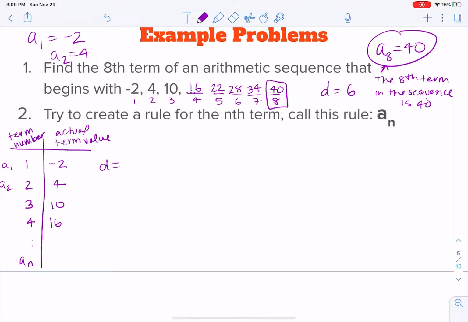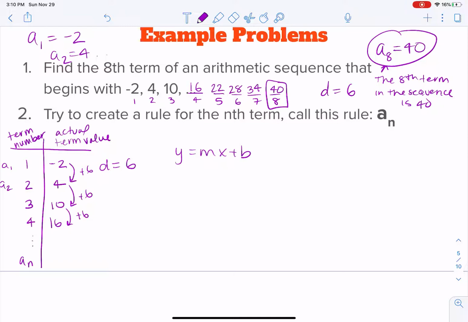And I know that my common difference here is 6. So there are 2 different ways to think about what's happening here. The first way is to see that I am indeed adding 6 each time. And when I'm increasing or decreasing by a constant, I know that I can relate to a linear function. So we can look at y equals mx plus b.